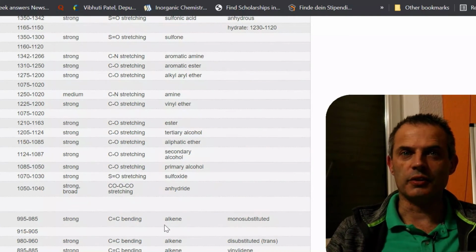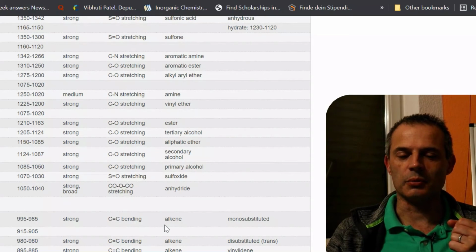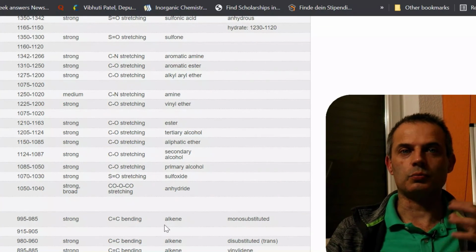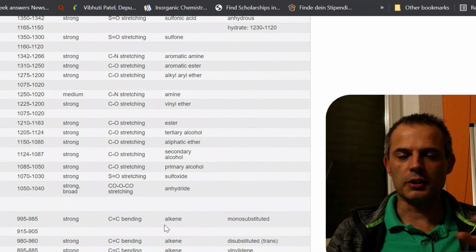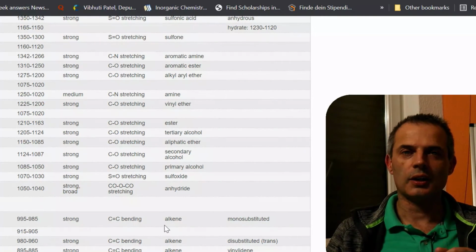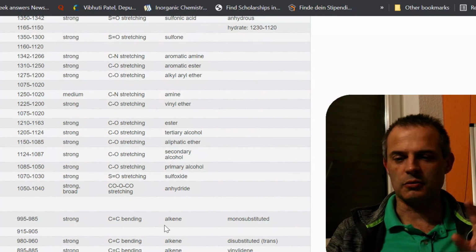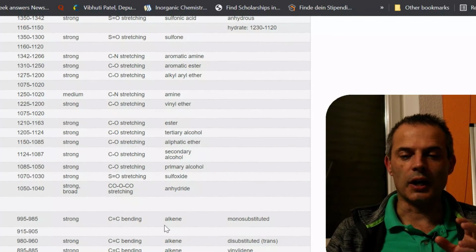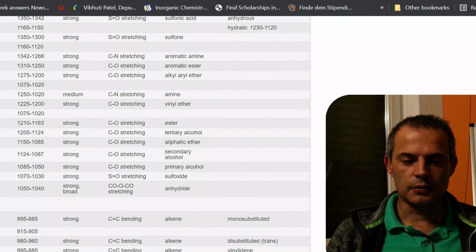Typical known values are 400 and 800 wave numbers. Very often it's not very useful to measure below 800 unless we're looking for inorganic compounds, because there are just too many things that are similar. So we'll stop here.